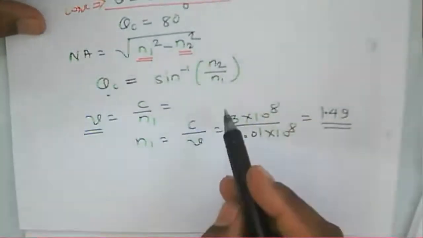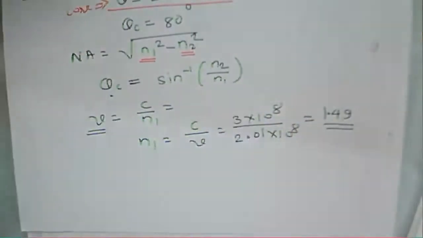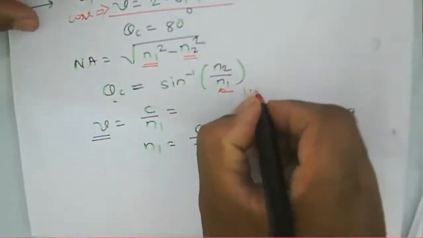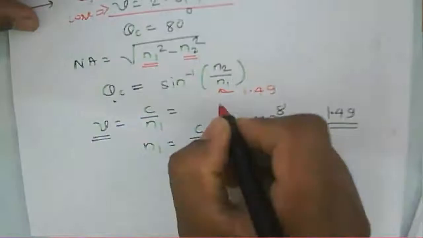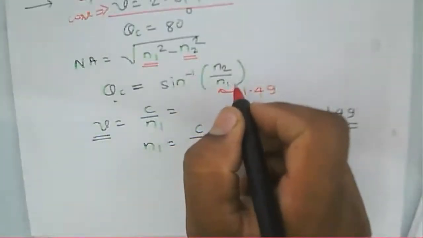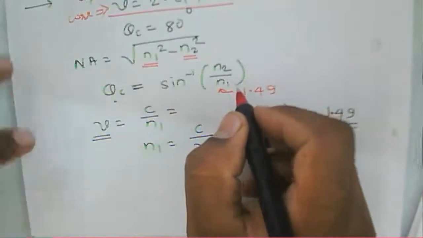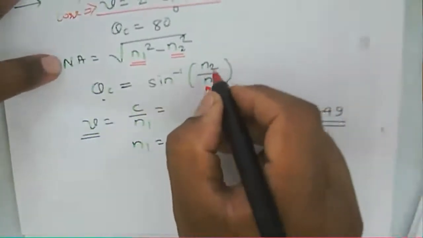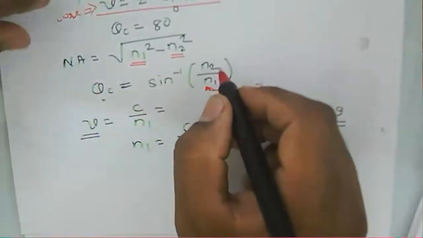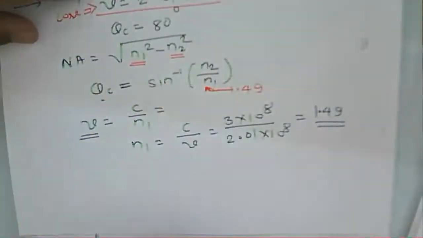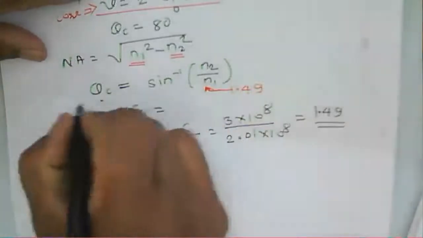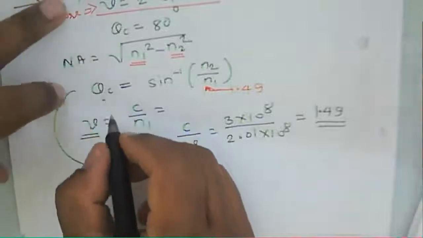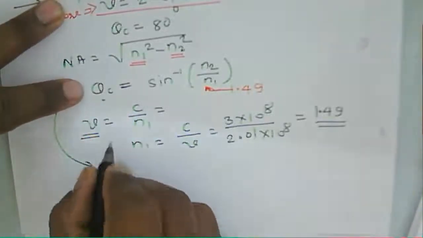After solving, we get n1 equal to 1.49. So we have one term in the critical angle. If you put n1 equal to 1.49, you will get the value of n2. Theta c, the critical angle, is given as 80 degrees.